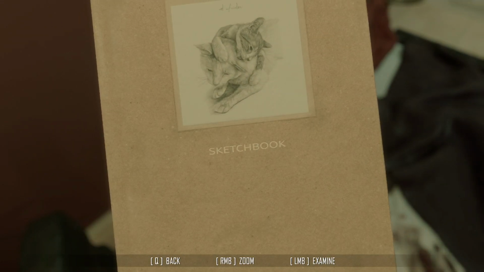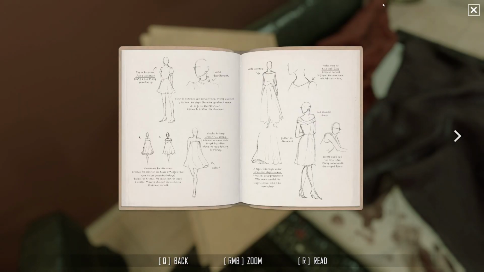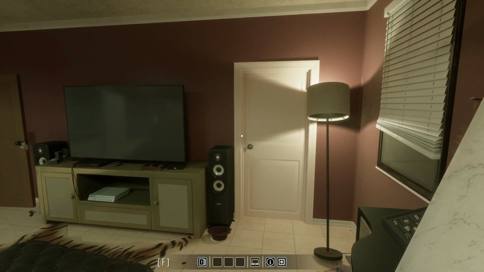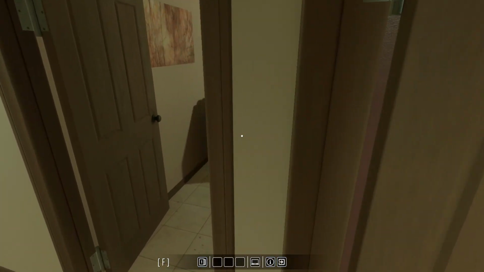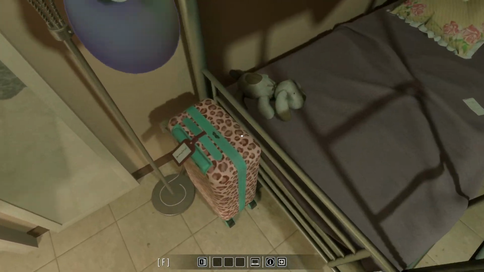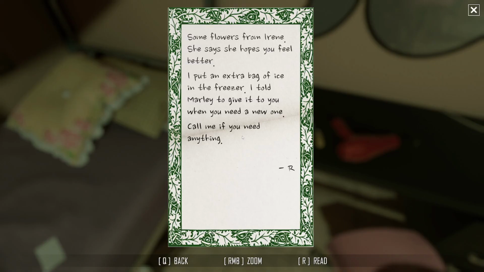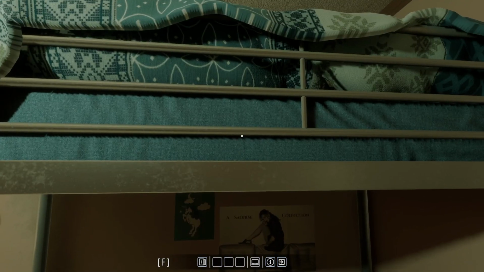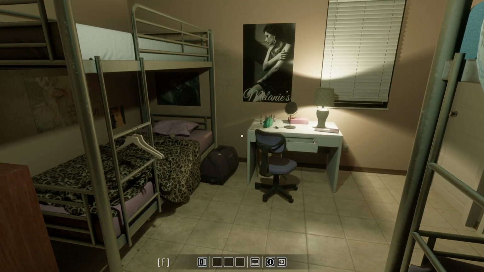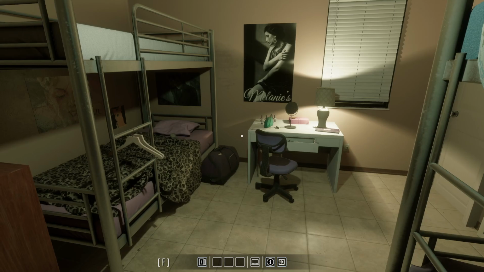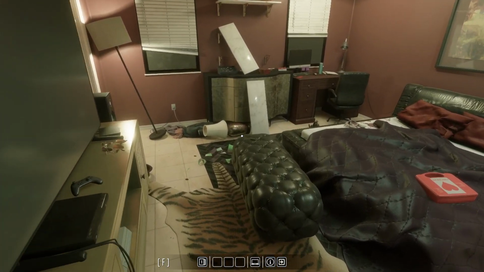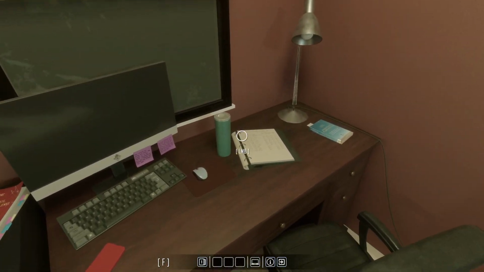Do I see a name there? No. So we have Marley, Stephanie, Marley, Stephanie, and who else in here? Okay, let's see the names. I'm guessing this could be Emma.